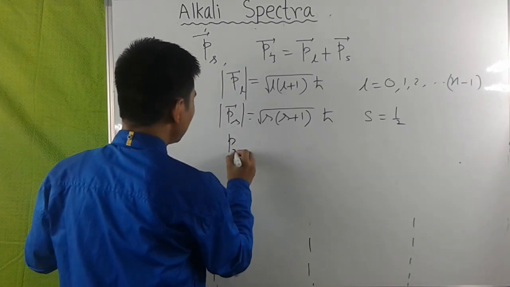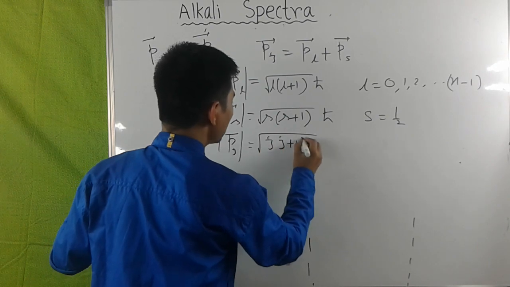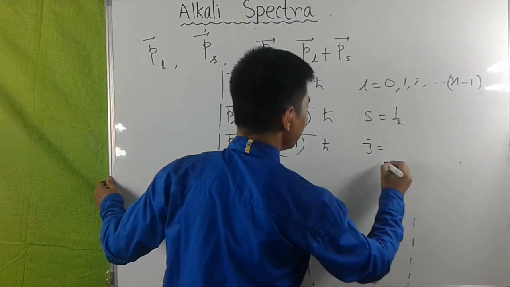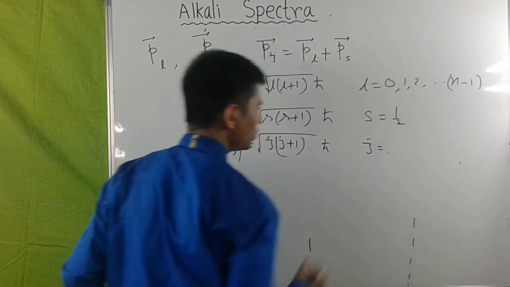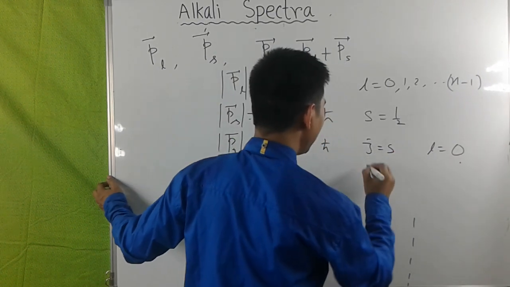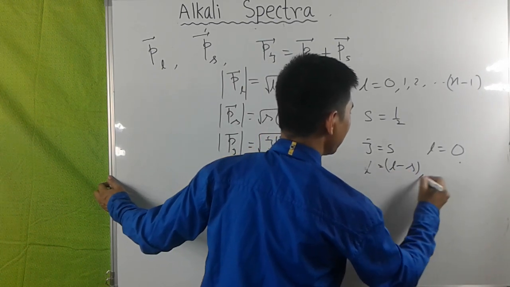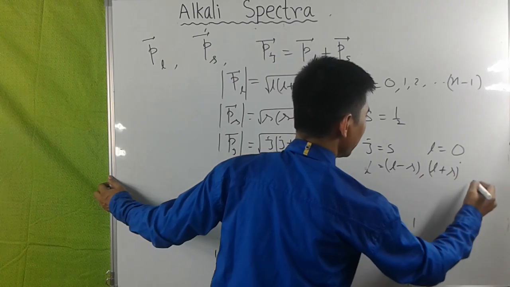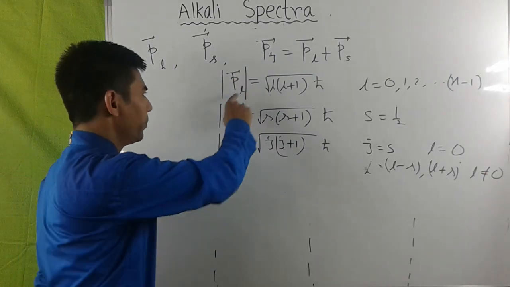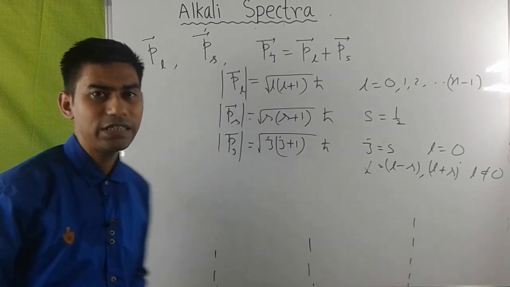And modulus of P_J equals root over J into J plus 1 into h cut, where J equals S when L equals 0, and J equals L minus S and L plus S when L does not equal 0. So this is the modulus of the P_L vector, this is the modulus of the P_S vector, and this is the modulus of the P_J vector.